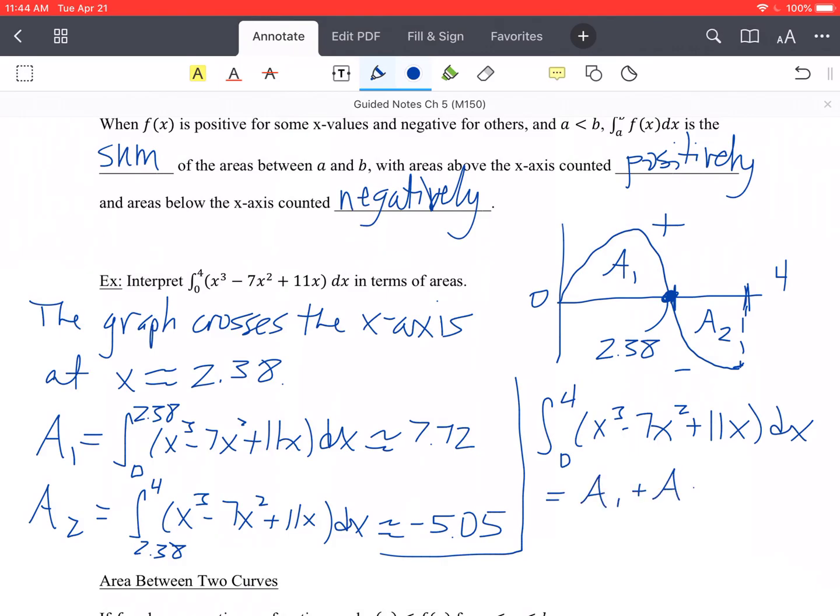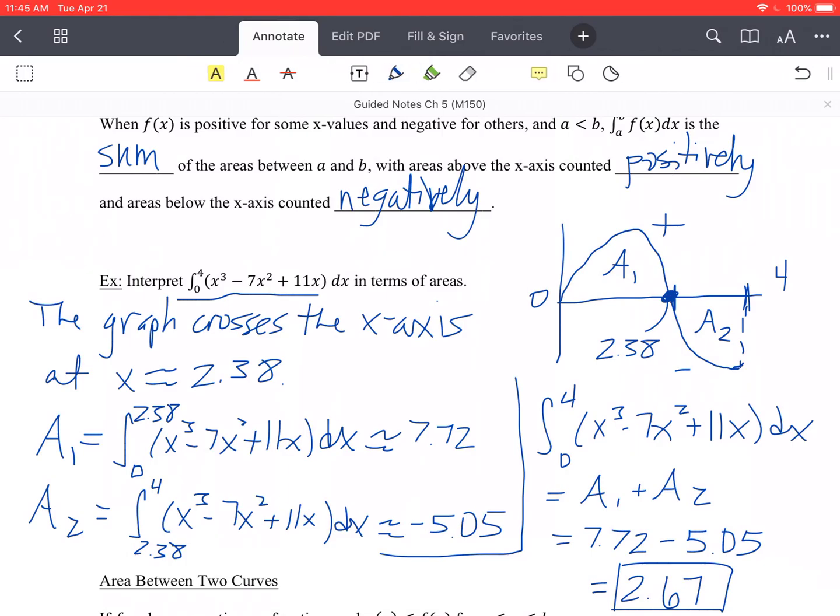So A1 plus A2, which is 7.72 minus 5.05, which works out to be about 2.67. Okay. And if you were to actually run this computation using technology, you would see that it does give you approximately 2.67, but here, of course, we're looking at it as the sum of the different pieces, right? The positive piece and the negative piece.